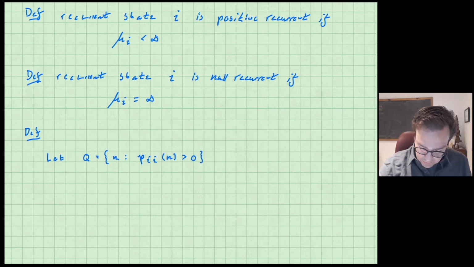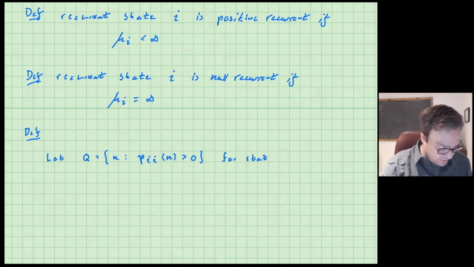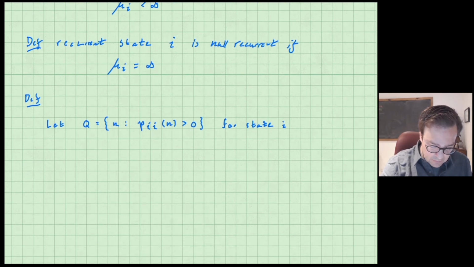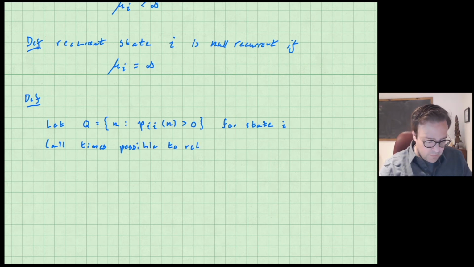We'll say this is for state I, since I is the index there for the P. So this is all times that it's possible to return by.